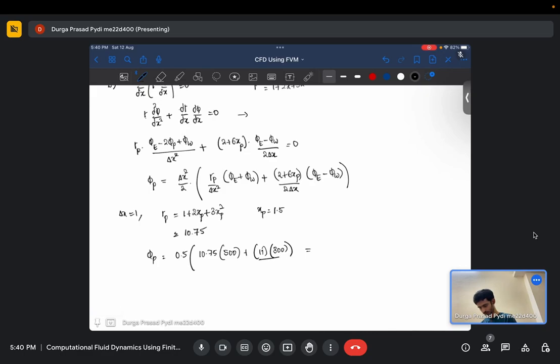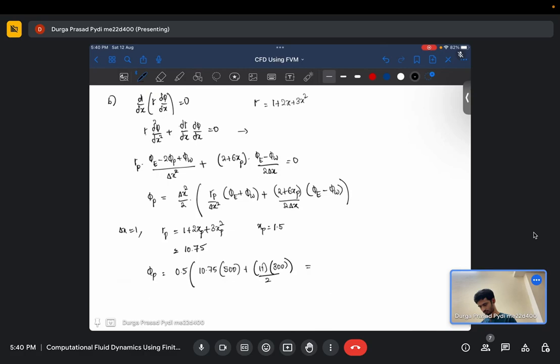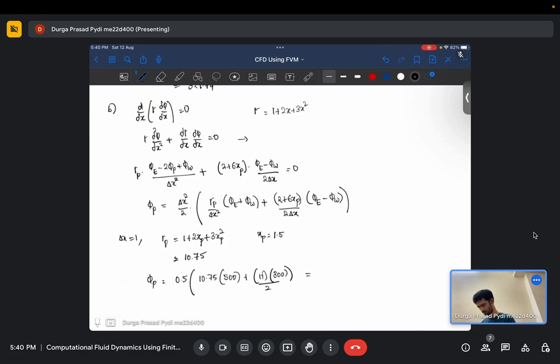Did I miss something? So I'm getting a value of 3512.5.